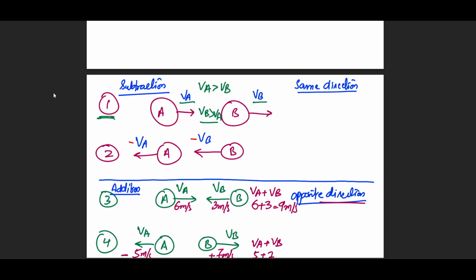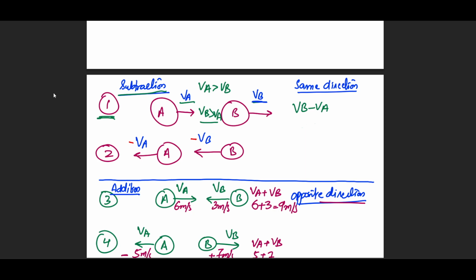So the equation will become VB minus VA. Although a student could have written down VA minus VB, it would have been right because we're taking subtraction, right? So there's no compulsion which should be subtracted from which factor. But in this case, it is a compulsion that the leading object has to be faster, and that will be subtracted from the object that is trying to catch up to that object, right? So this equation will be incorrect.